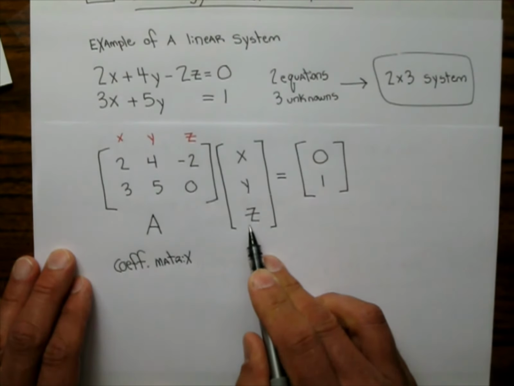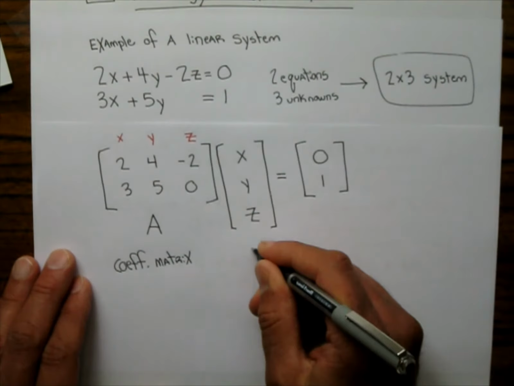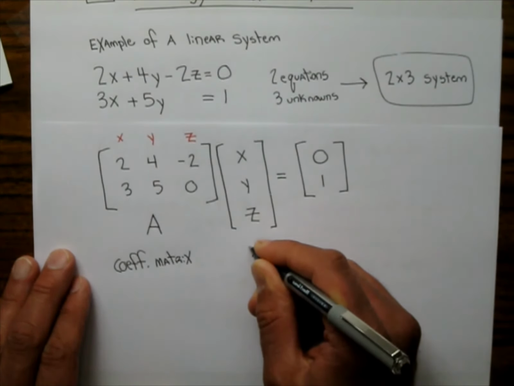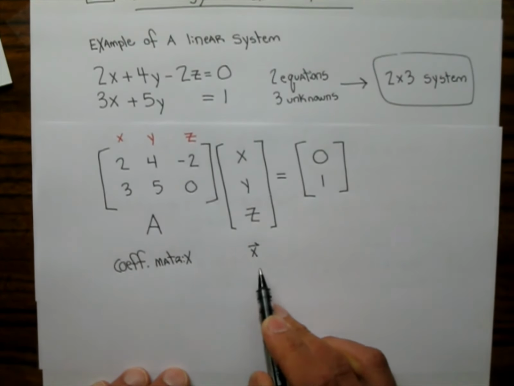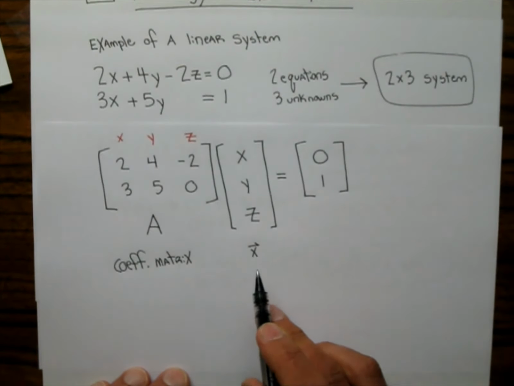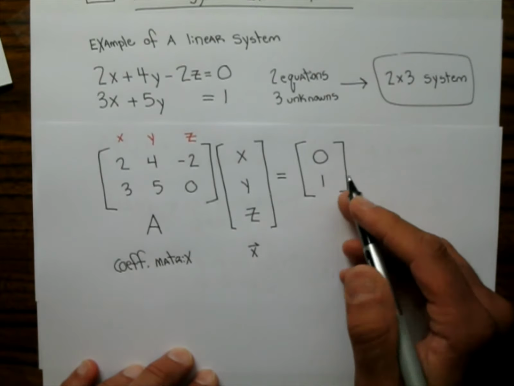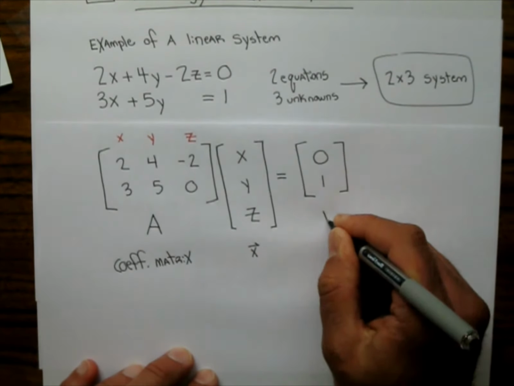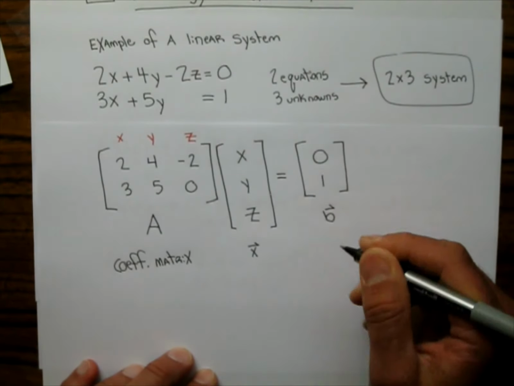This matrix right here is a vector, so we're just going to write it as a bold X. It's kind of weird that we would use X and not Y or Z, and so there's bold X. Sometimes your book doesn't call it anything, but sometimes this is called the variable vector. But I won't mention it because your book doesn't have anything. And then over here, this is another column vector, vector B.